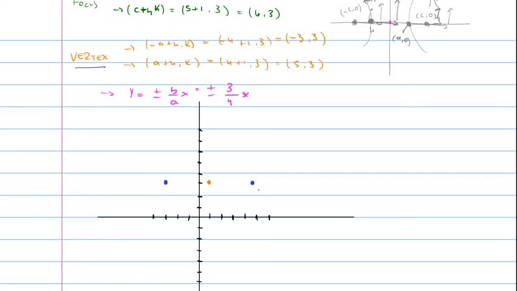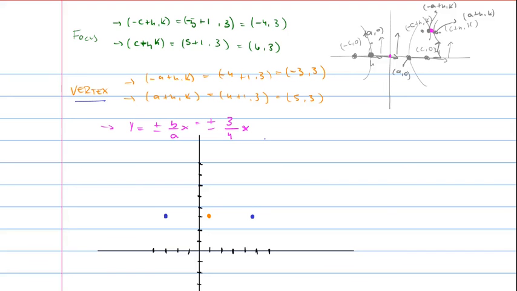The focus points were in 6, 3, and minus 4, 3. And now we have to plot the asymptotes. To do so, instead of starting from the origin, we're going to start from our center.